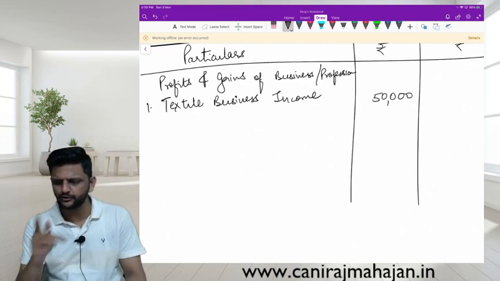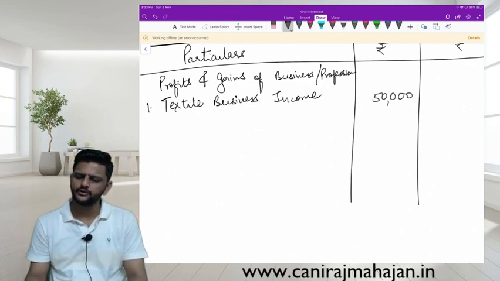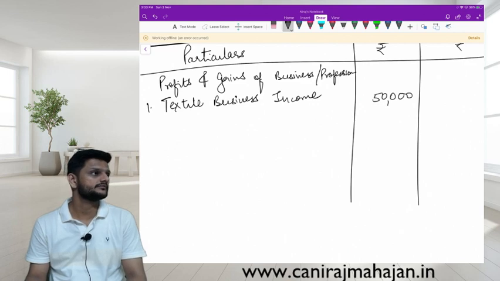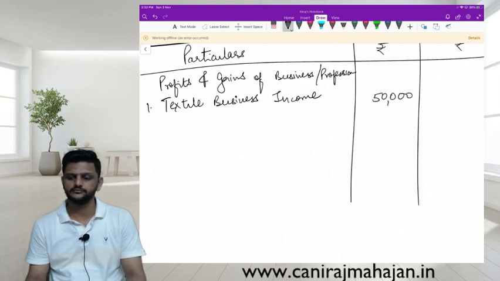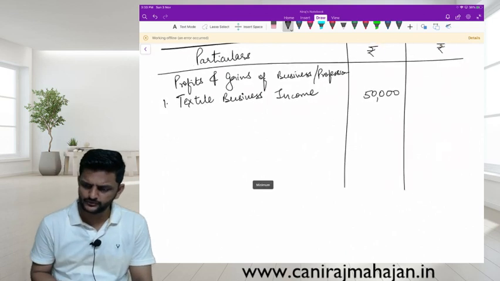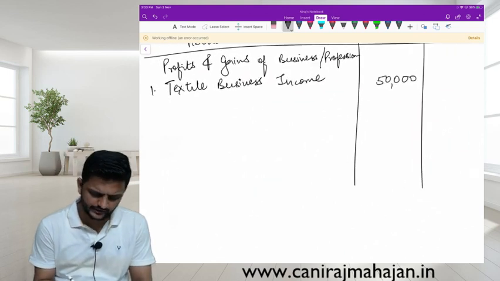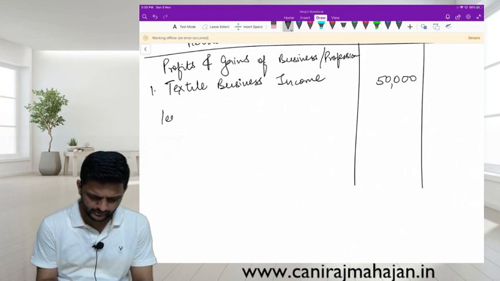So before going to HP you have to see whether something is remaining from speculative business. But it can be set off only against speculative income. So nothing from the same head of income.